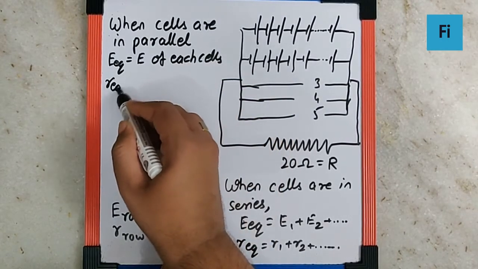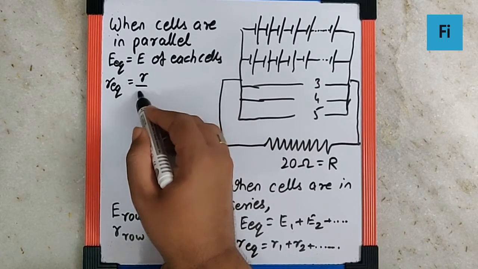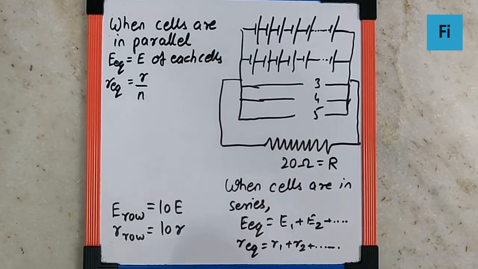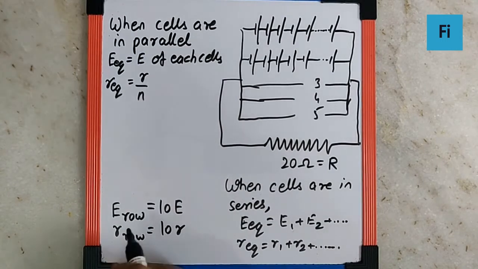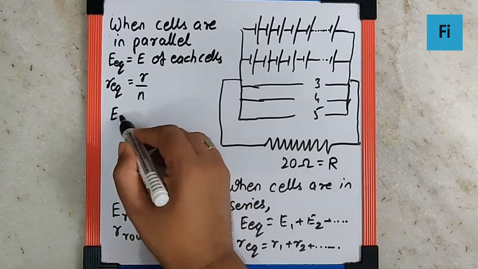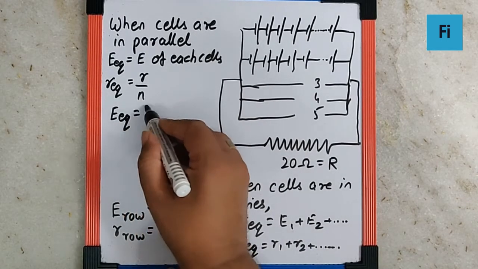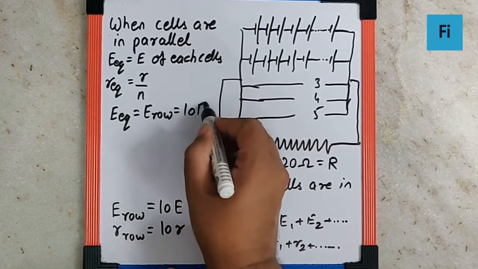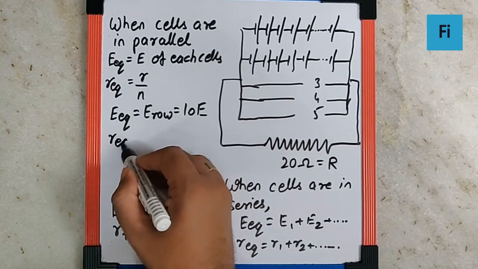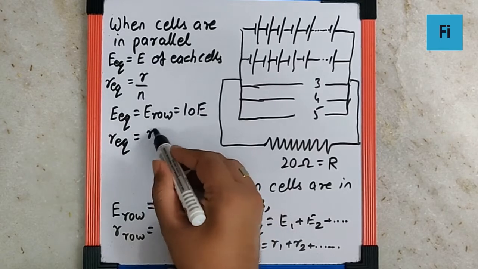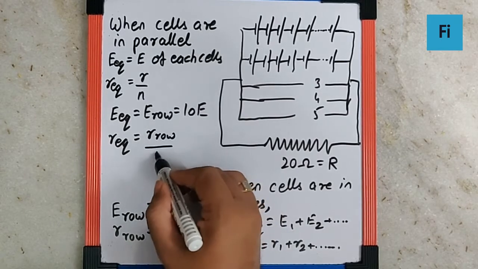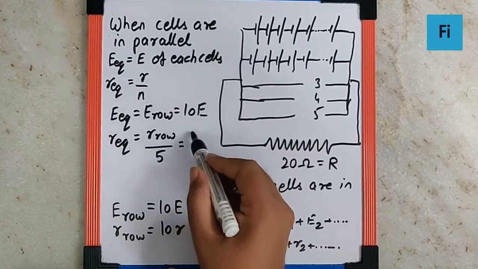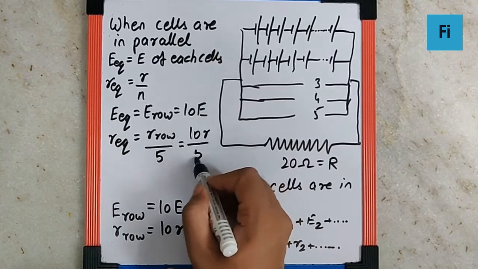But R equivalent is going to be R by N, where R is the resistance of each row. That means over here E equivalent is going to be equal to E of each row, which is 10E, and R equivalent is going to be R of each row by 5, because there are 5 rows basically, and that is going to be 10R by 5.